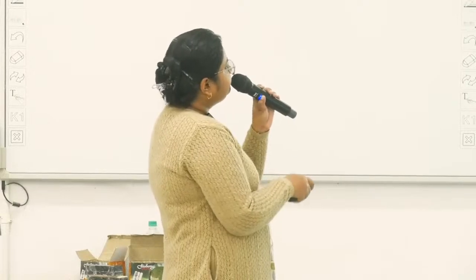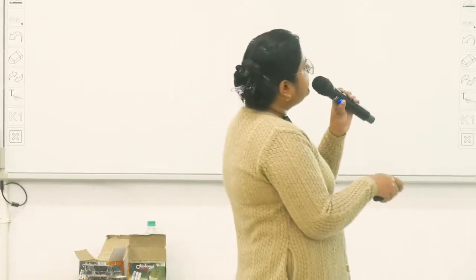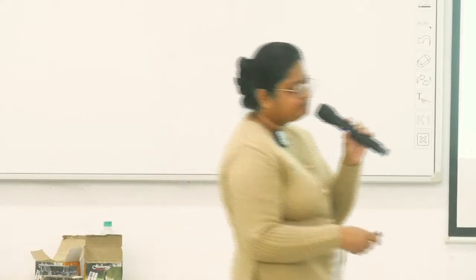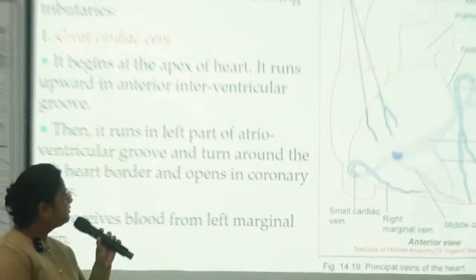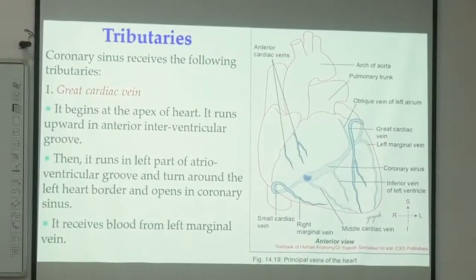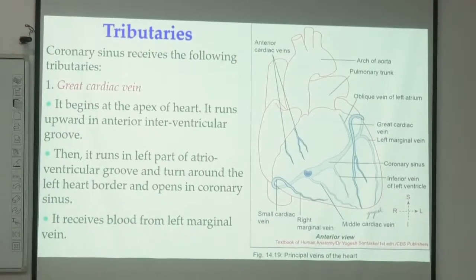Okay, and the coronary sinus starts as a continuation of this great cardiac vein. And this is the oblique vein of the left atrium, that is also a tributary of the coronary sinus. So the coronary sinus receives these tributaries. All these tributaries we will discuss in detail.